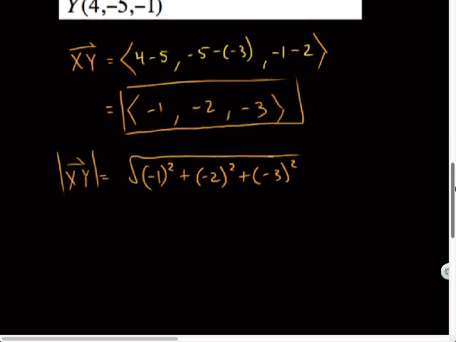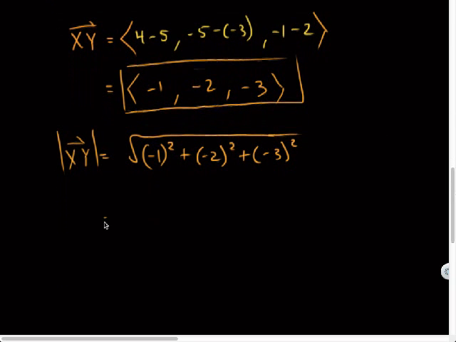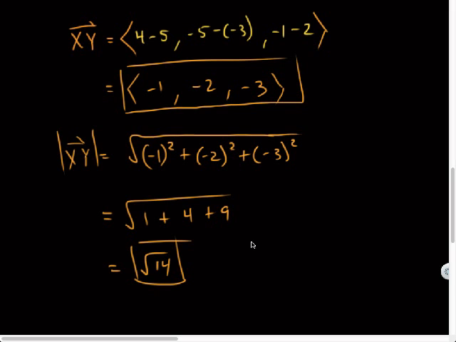Very similar to yesterday's lesson. It's not too difficult, I don't think. So 1 squared is 1, 2 squared is 4, 3 squared is 9. So I believe the square root of 14 is my magnitude.